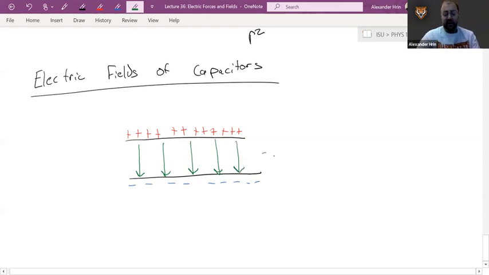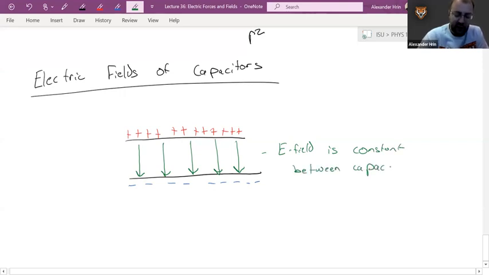And while I'm not going to go through this here, it can be demonstrated with calculus that your E field is constant between capacitor plates. So it doesn't matter where you put a test charge in your capacitor, you have a constant E field between those two capacitor plates.